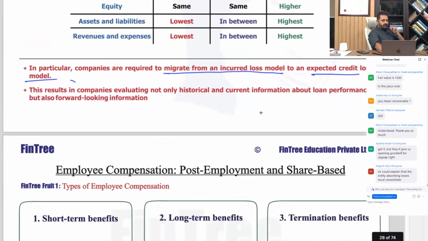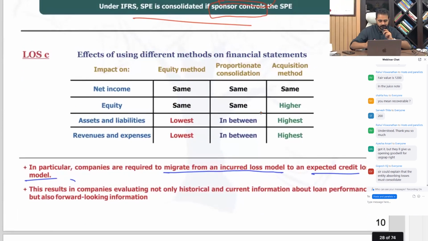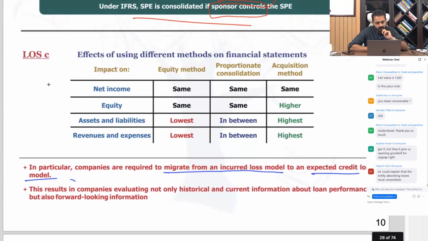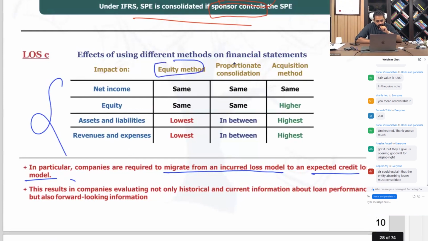And finally, the last piece is here. If on a lucky day on the level 2 exam, if the case study is not too difficult, expect 1 or 2 questions here. Okay. They're saying, what is the difference in the 3 methods? Notice net income under all the 3 methods is same.